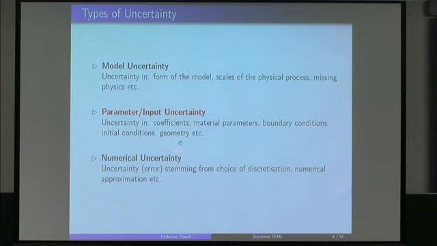Parameter uncertainty, as I said, this is the thing that we most often focus on, and the methods I'm going to talk about are designed to take this into account. We know that there's uncertainty in things that go into our PDE models, and we're prepared to think about that. And then some people would call numerical uncertainty the error that stems from our choice of finite element approximation.